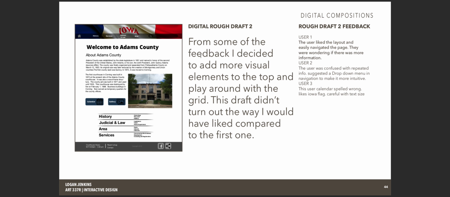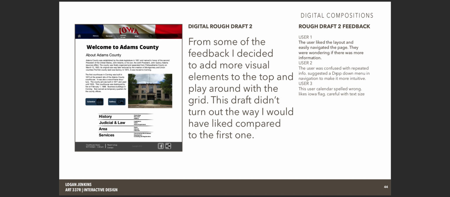From the feedback I heard, I mentioned that I focused more on the visual elements. I'm playing around with the grid. As you can see, I was focusing more on the visuals and not the information, and this is an information-heavy website, so that shouldn't have been the first thing I focused on. I think that's why my initial design wasn't working.